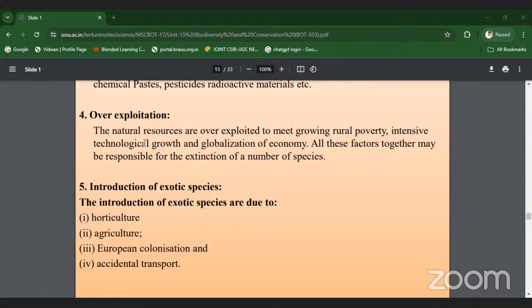Another cause of decreasing biodiversity is exotic species. The introduction of exotic species is due to horticulture, agriculture, European colonization, and accidental transport.